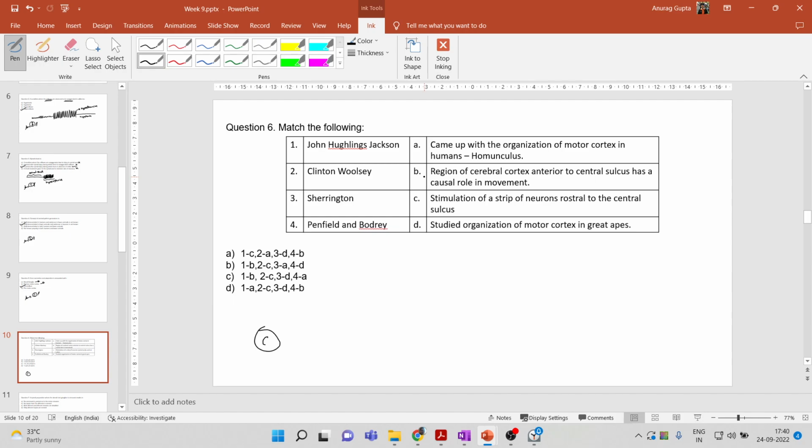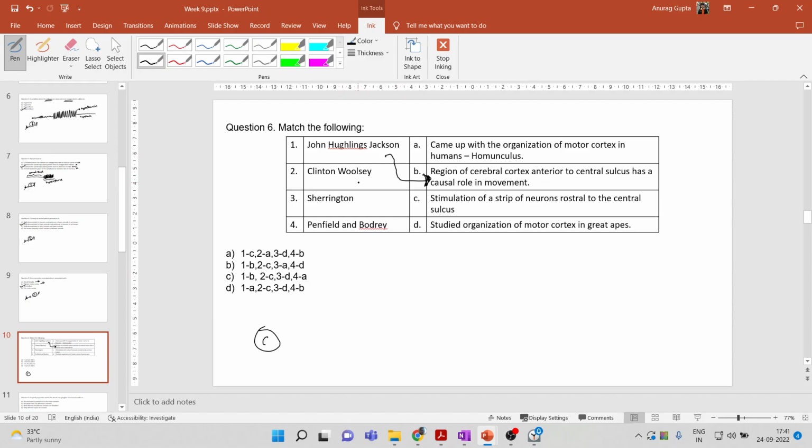It's not like random parts of the body are having these seizures, and these movements somewhat mimicked natural movements. Based on his observations, this is now known as a Jacksonian march. What he proposed was that a region of the cerebral cortex anterior to the central sulcus has a causal role in movement. That was his conclusion. This was done by John Hughlings Jackson in the 19th century.